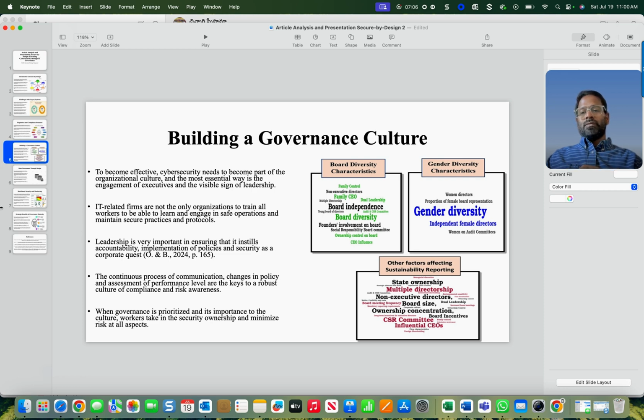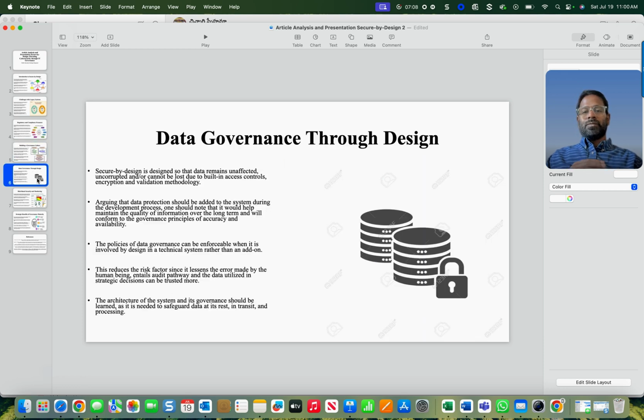Moving forward, data governance through design. What is data governance through design? The same as what we said in the initial slide, secure by design. Data governance through design ensures data is classified first of all, sensitive customer data versus regular operational data.